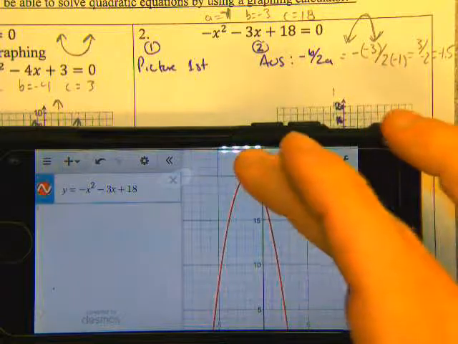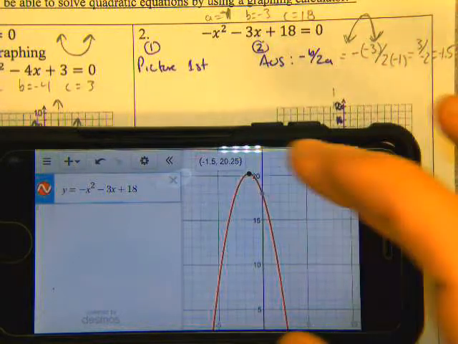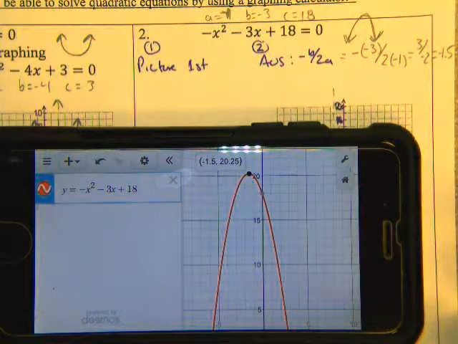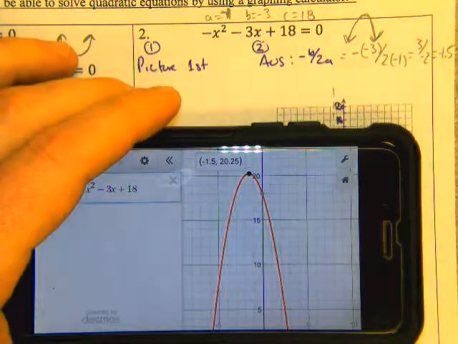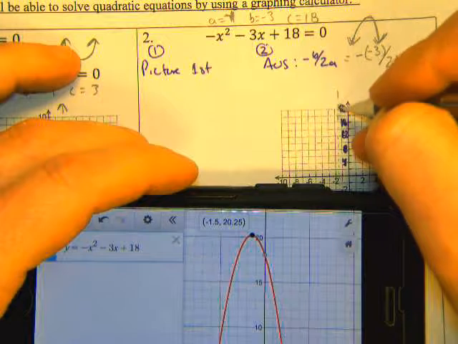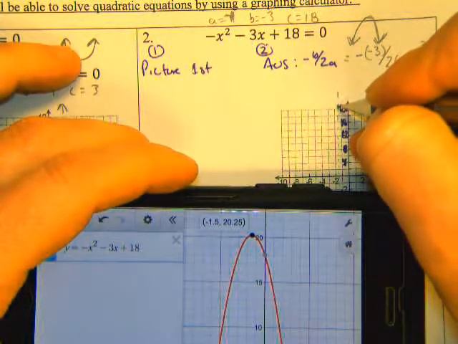and there you go. If you touch it, you get a couple of important points, and if you touch the points, it says negative 1.5 and 20.25, which is the vertex, and we're going to unpack that and check that later. But we can kind of sketch it in our picture. Negative 1.5 would be on the axis. 20.25 is just above being off.